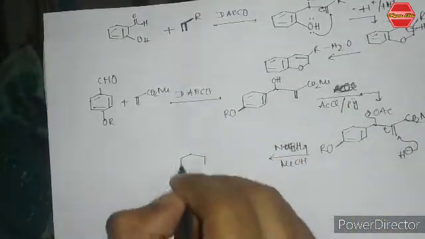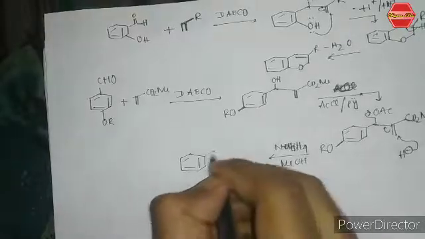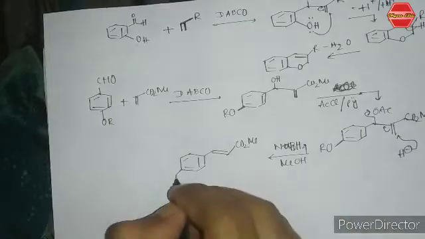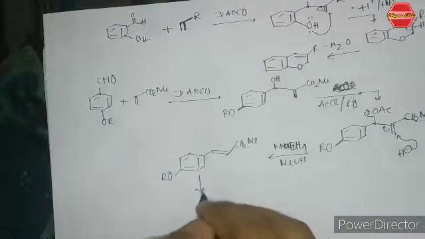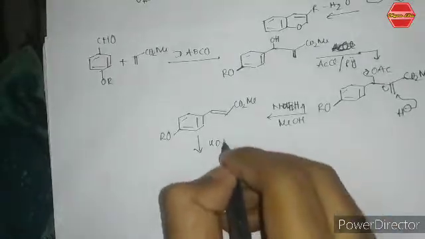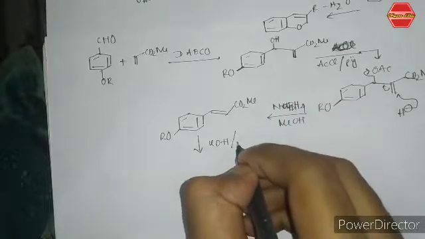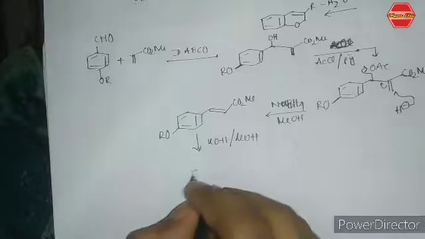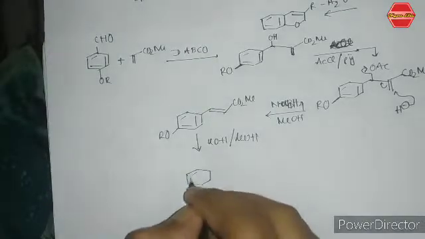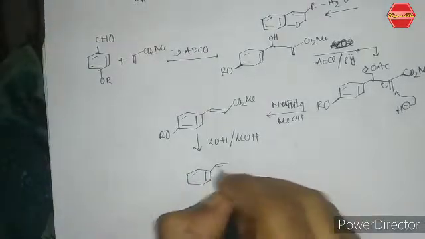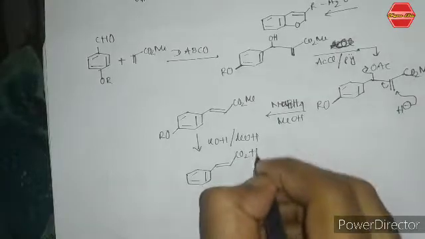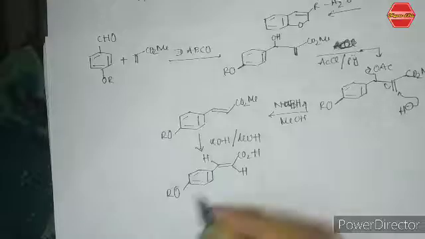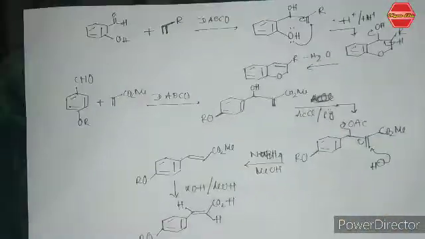So this is our CO2Me and this is RO. Now after that, if we use KOH in presence of methanol, hydrolysis of the ester group takes place. So we get our desired product with CO2H over here, and this is our hydrogen. Okay, so that is how this overall reaction proceeds.